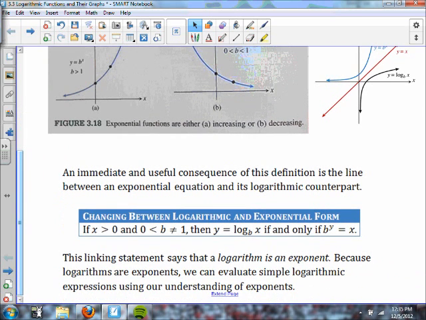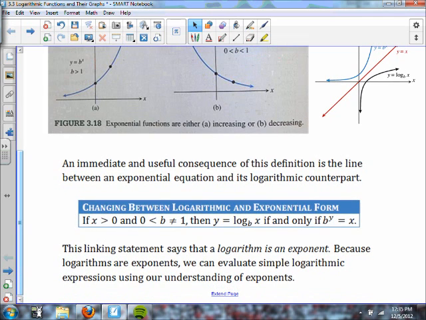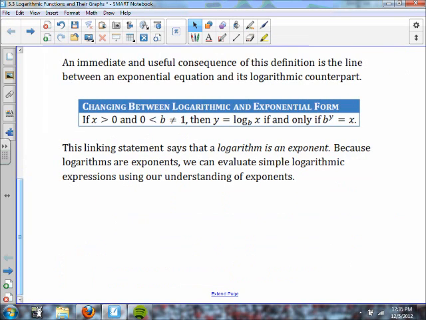Now, an immediate useful consequence of this definition is the link between an exponential equation and its logarithmic counterpart. This is big, and you guys need to be able to do this. y equals log of x to the base b if and only if b to the y equals x. So this is what we have.